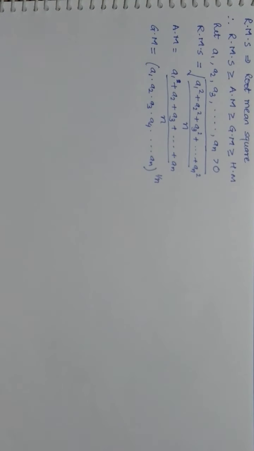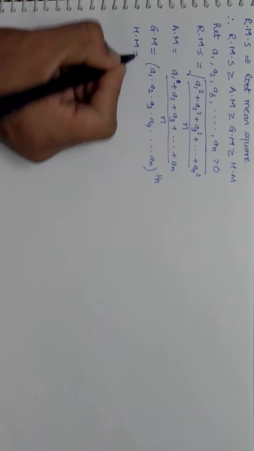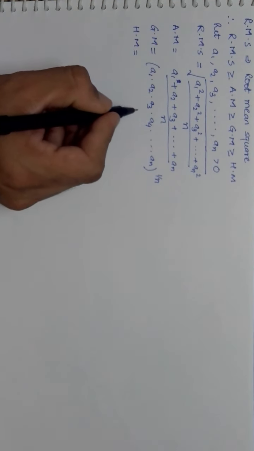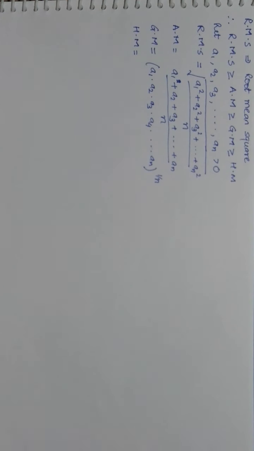And harmonic mean. We know that three numbers, four numbers, or five numbers are said to be in harmonic progression if their reciprocals are in arithmetic progression. Suppose the numbers are A, B and C. A, B, C are said to be in harmonic progression if and only if 1 by A, 1 by B and 1 by C are in AP.